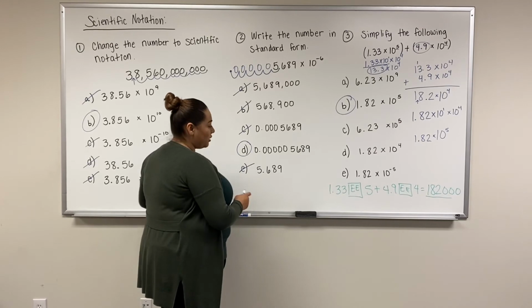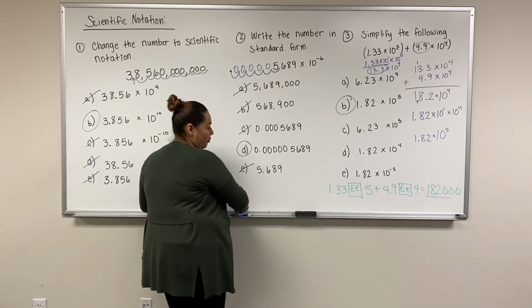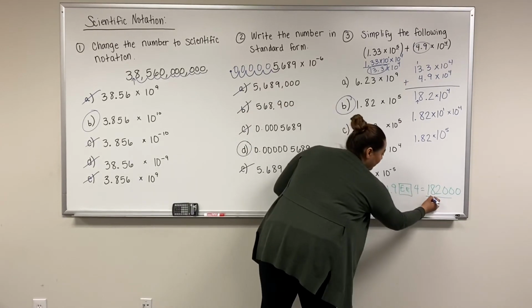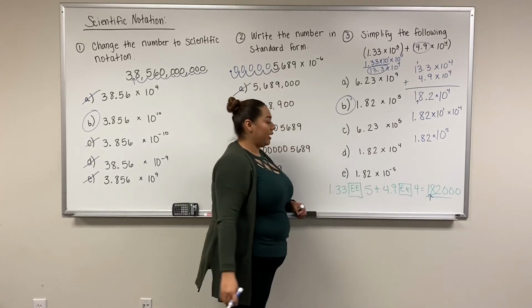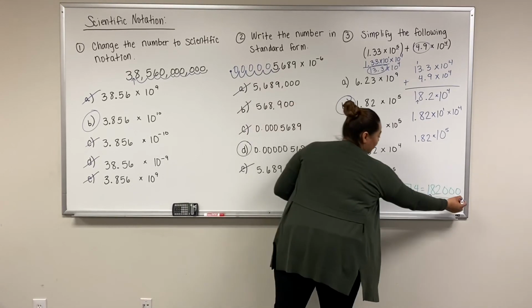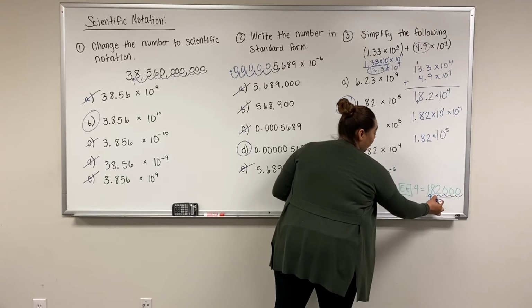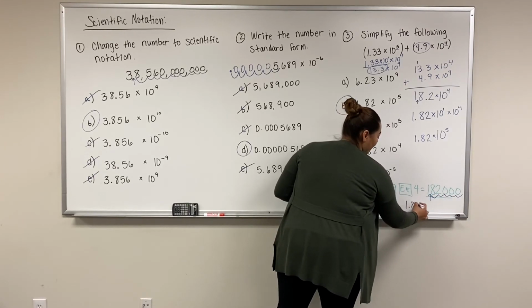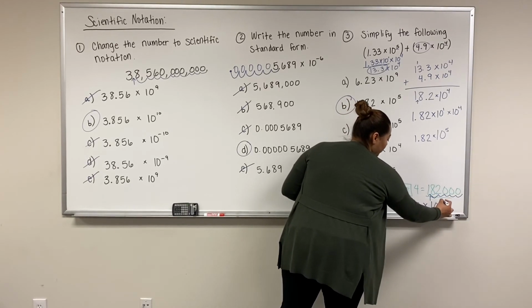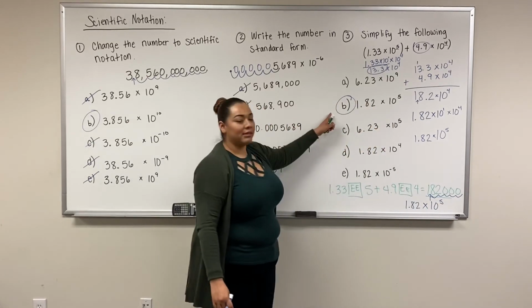To change it to decimal, we just want the decimal right here in between the 1 and the 8. Just count how many decimal places you're moving it. 1, 2, 3, 4, 5. Therefore, it's going to be 1.82 times 10 to the 5th power, which is the same answer.